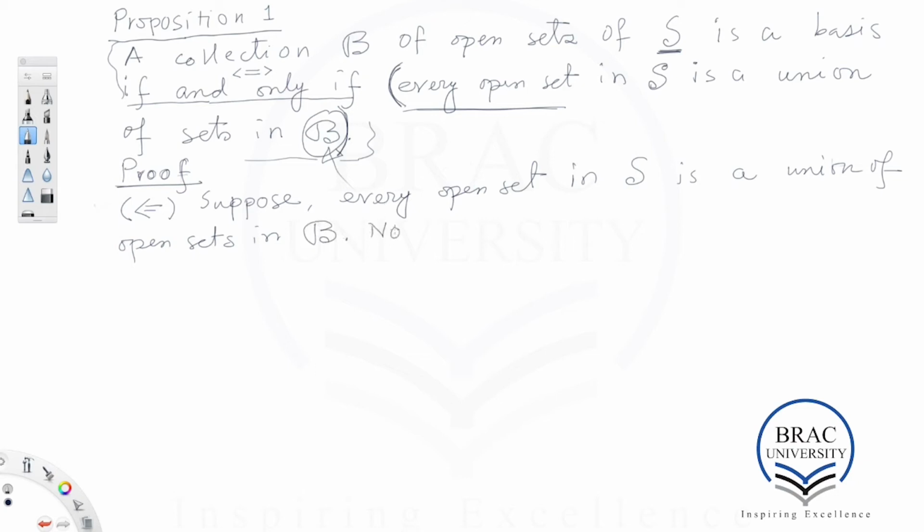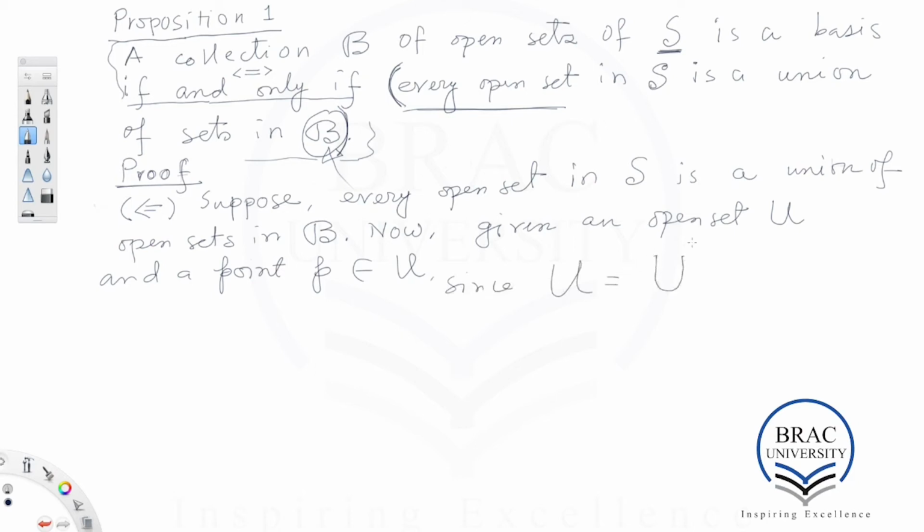Now, given an open set U and a point P in U, since U is an element of tau, or in other words, U is an open set in S, it must be possible to write U as a union of basic open sets.